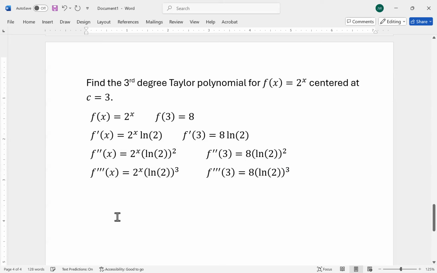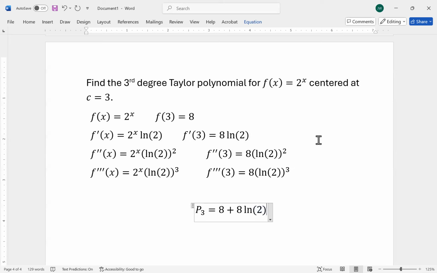Now I'm ready to go and write that Taylor polynomial. So the polynomial, again, is degree 3, so often we put a subscript of 3. We start with the function value, and then plus the first derivative, which is 8 times natural log of 2.